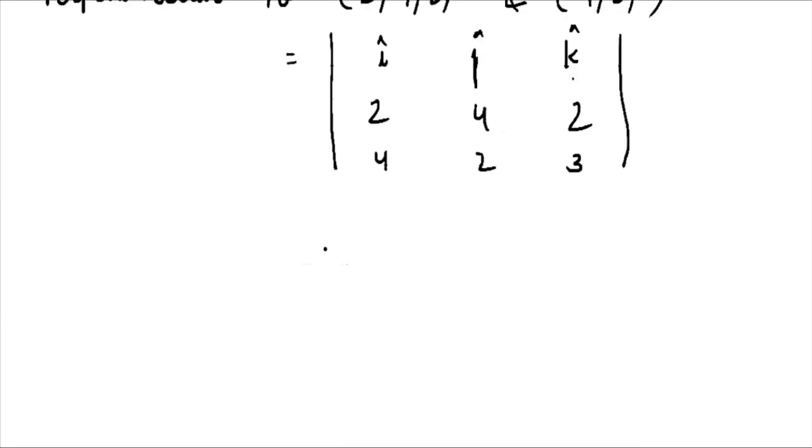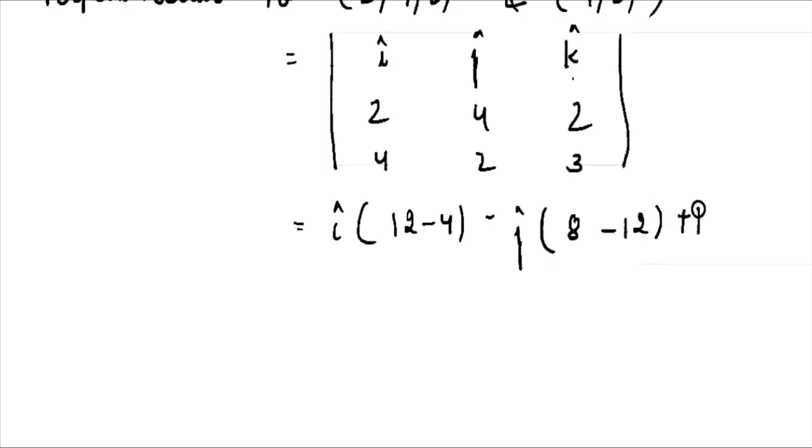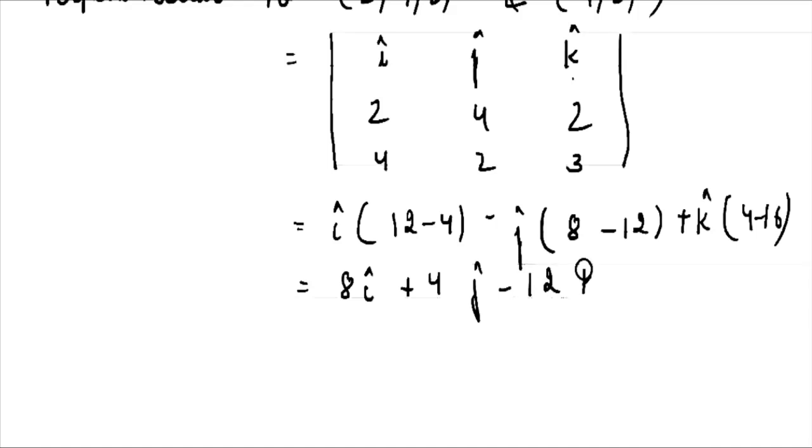It would be equal to i cap into (12 minus 4), minus j cap into (8 minus 12), plus k cap into (4 minus 16). So the result would be 8 i cap plus 4 j cap minus 12 k cap.